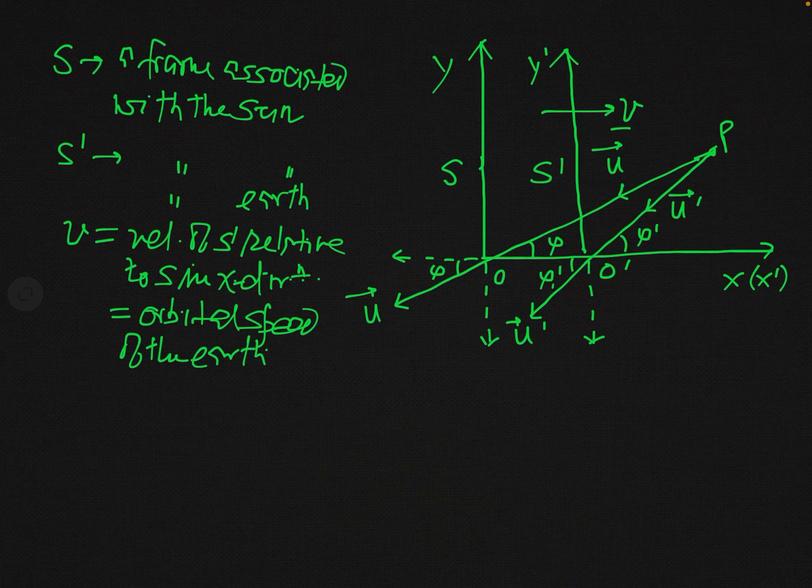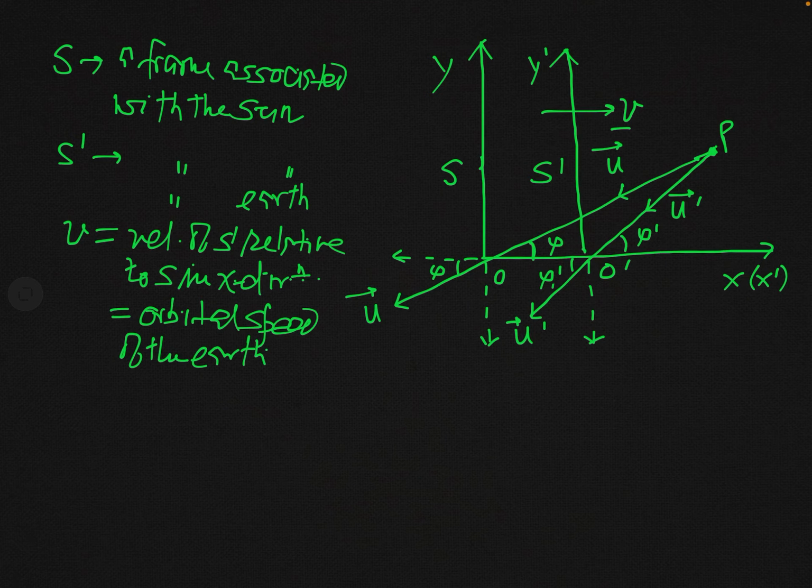Now let us consider that this P is a star and light rays are emitted from this star, and the observers O and O prime of frames S and S prime observe those light rays. You can see from this figure that the observer O of frame S, that is the observer of the Sun's frame, observes that the light ray coming from this star makes an angle phi with the x-axis.